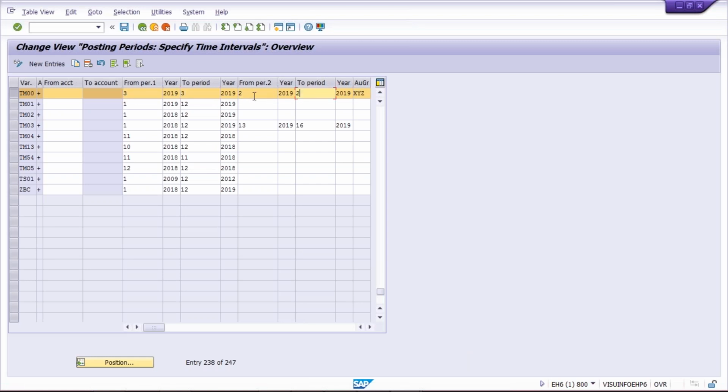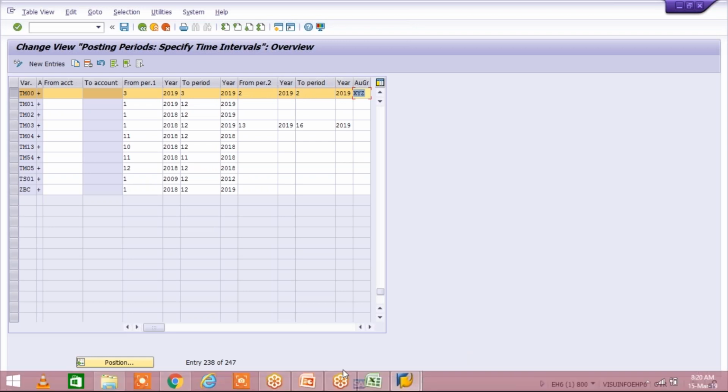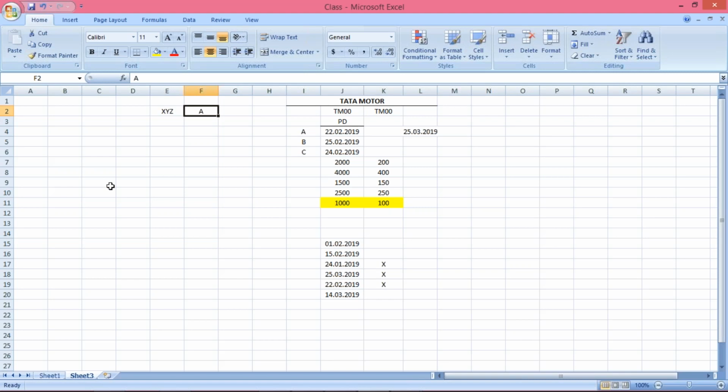But second period is also open, but this second period is open for authorization group XYZ. And if system is going to check against XYZ, only one user ID is linked. This B and C system is unable to find. So B and C is not allowed to post any transaction in previous month, in previous period.